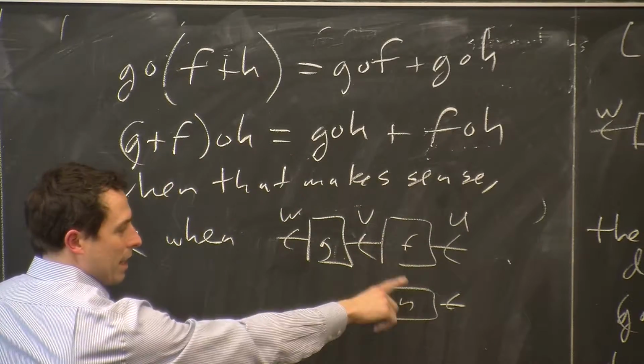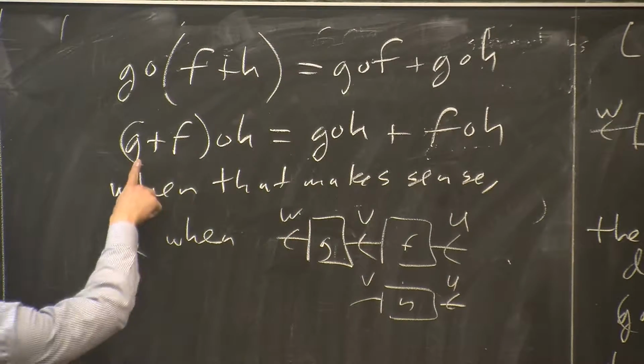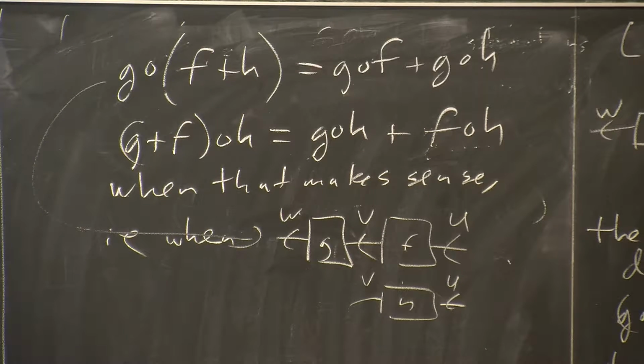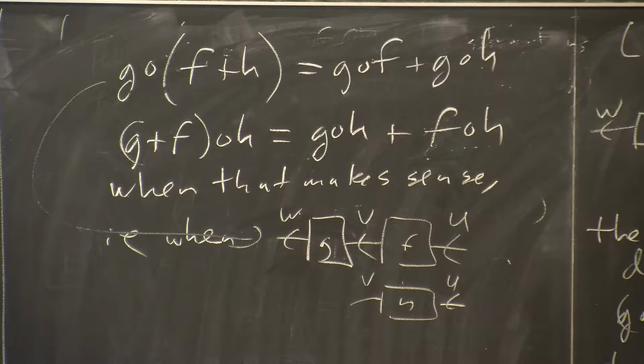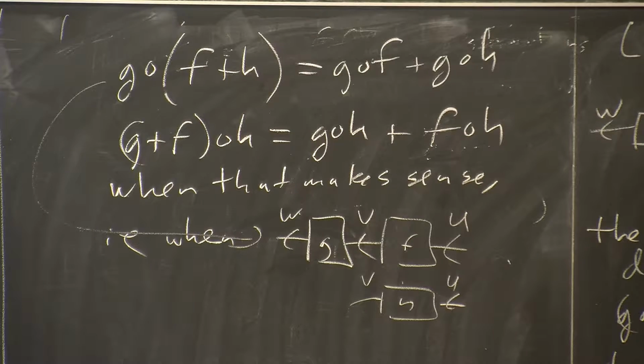Then it makes sense to add f and h because they have the right type. And similarly, that's for this picture, and similarly for that picture. So it's distributive when it makes sense.